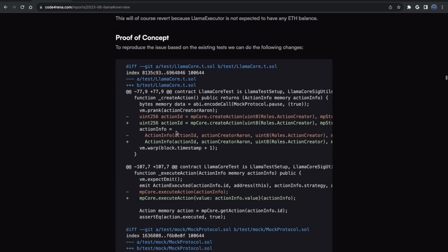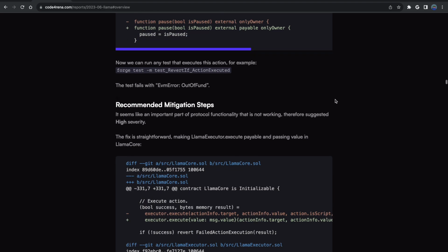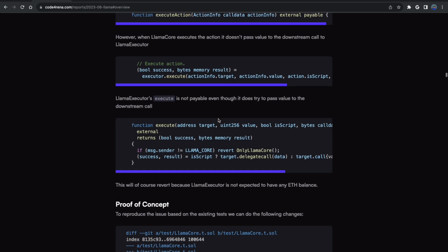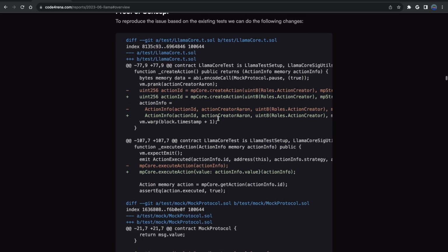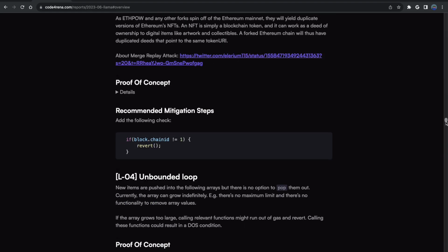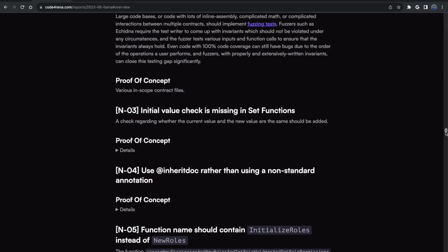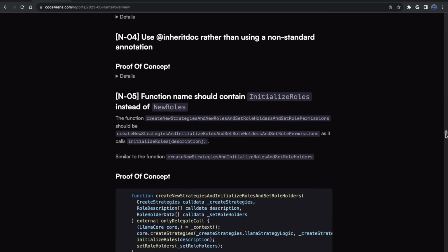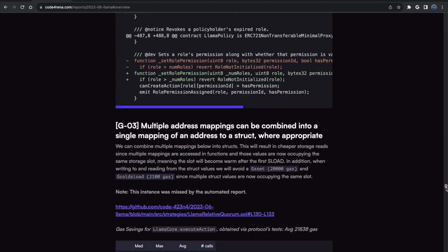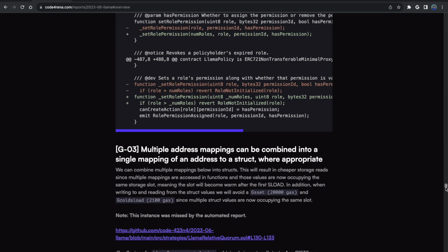So yeah, like I said, this is what you would do. You would make sure you have your title, description, nice POC, and some recommendations. And for those of you who are beginners and you are unfamiliar with these reports and trying to understand these findings, we can scroll down to these gas-related findings.